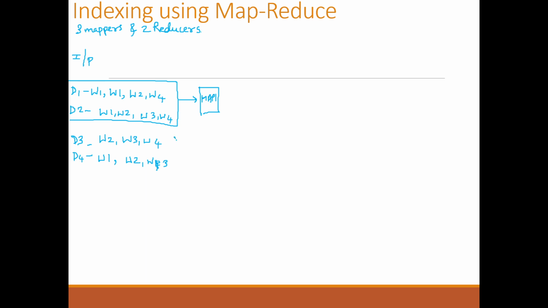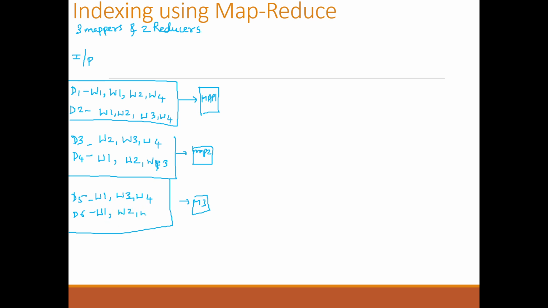These are the next two documents which are visible to mapper number 2, and then there are two more documents which will be visible to mapper number 3. And document 6 has these words.